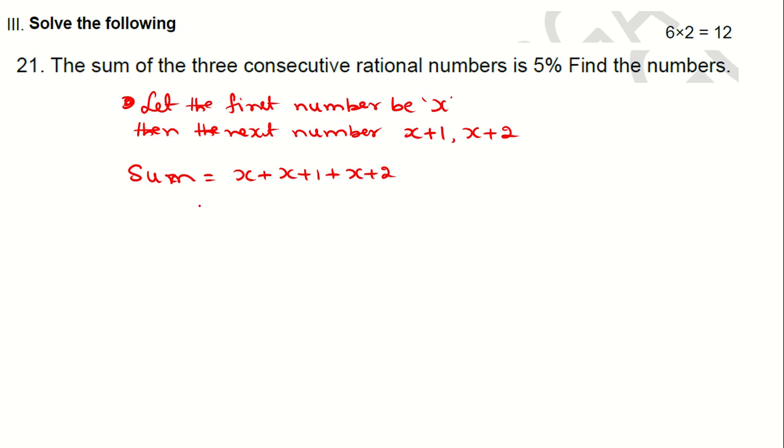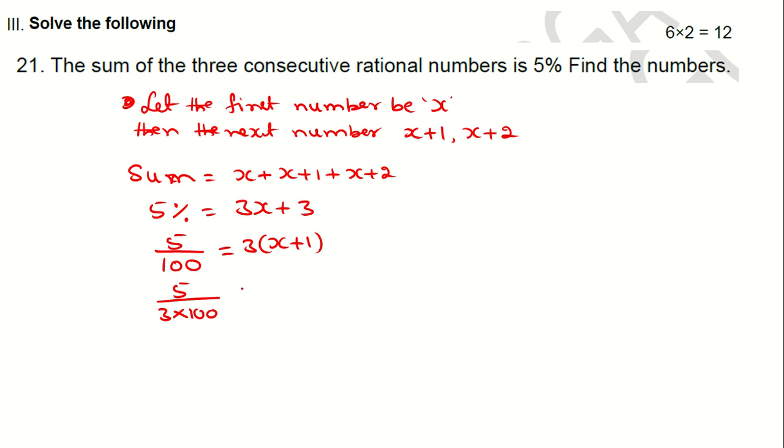So we write 5% is equal to x plus x plus x, that becomes 3x, and also 1 plus 2, that is 3. 5% means 5 divided by 100, equal to 3 as common, x plus 1. If we send 3 to the left hand side, that becomes 5 divided by 3 into 100, equal to x plus 1.